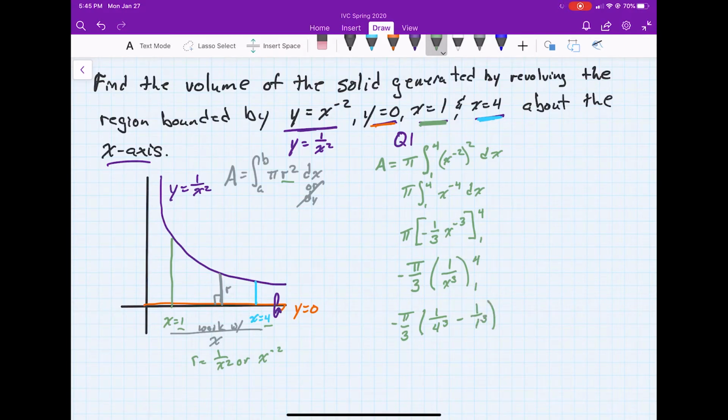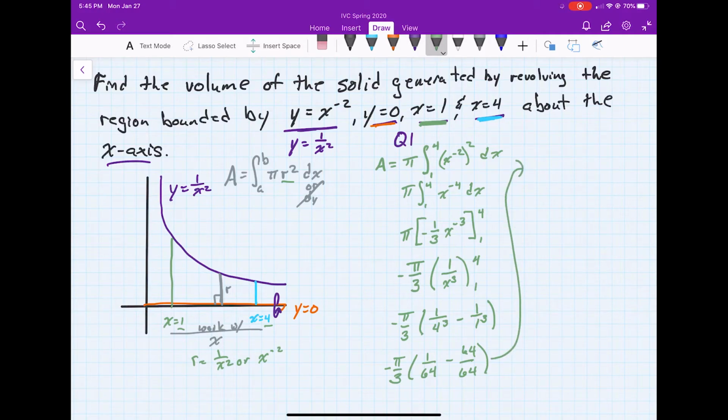And then that's going to work out to be, 4 cubed is 64, so we got negative pi over 3 times the quantity 1 over 64 minus 1 over 1, or 64 over 64, so we can find common denominators here. And then we're running out of room, so I'm going to move up here.